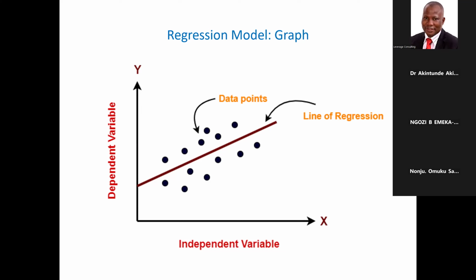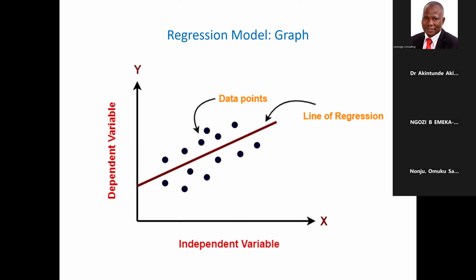For example, now we are talking of a particular person, maybe their daily salt intake and their blood pressure. Salt intake will be the x, blood pressure will be the y. Blood pressure goes on the vertical axis, the y-axis, and the other on the horizontal axis. All those dots are for each person.